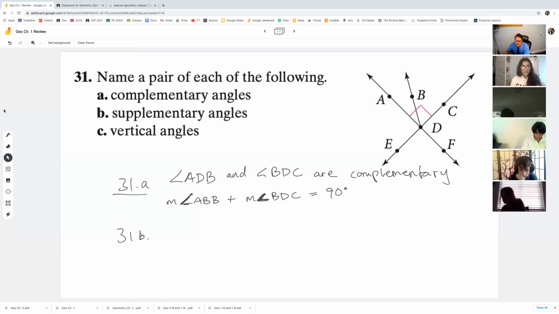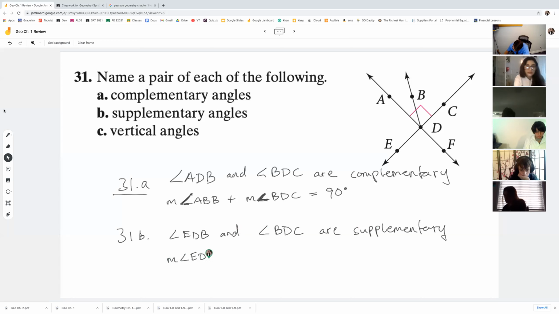Well, let's do ADB. Sorry, ED. The reasoning is that the measure of angle EDB plus the measure of angle BDC equals 180 degrees.